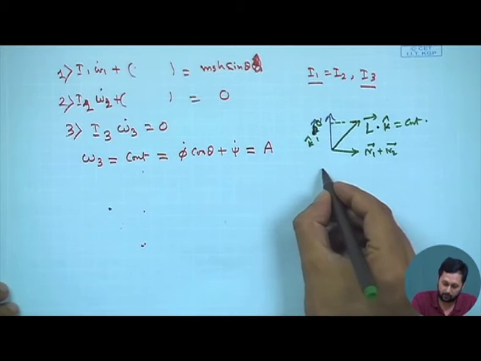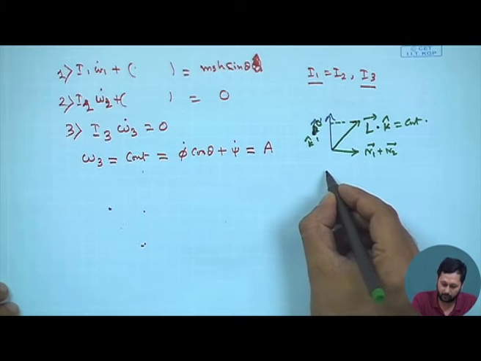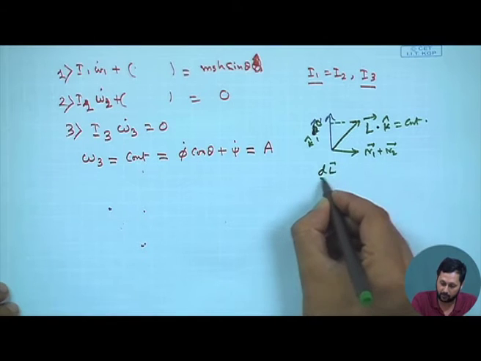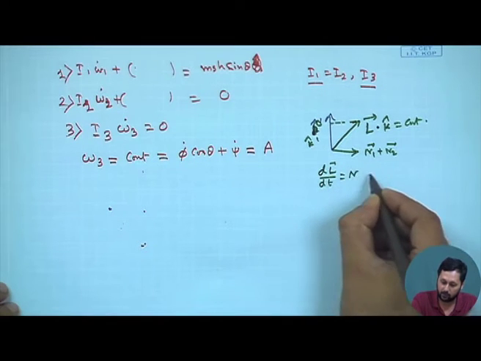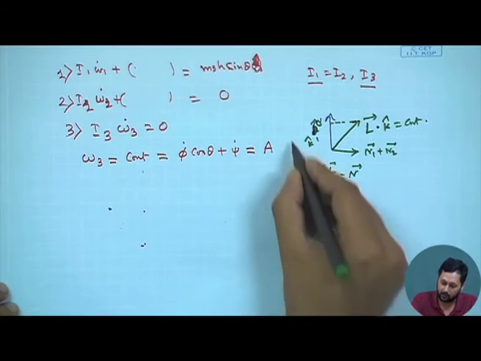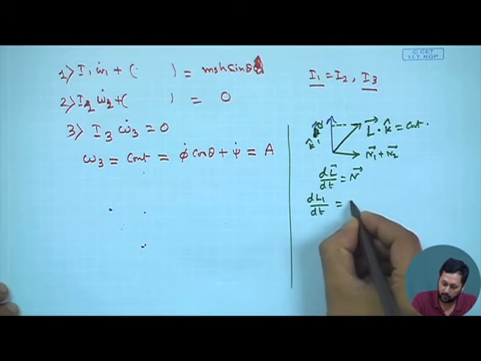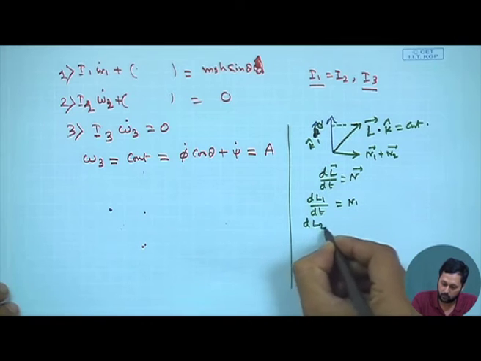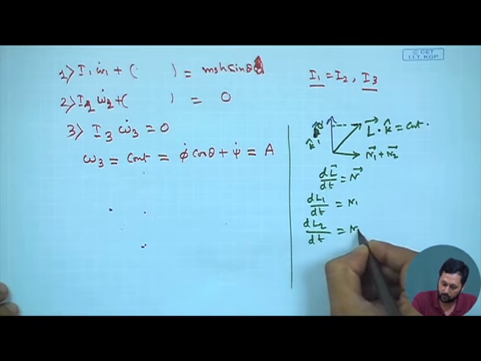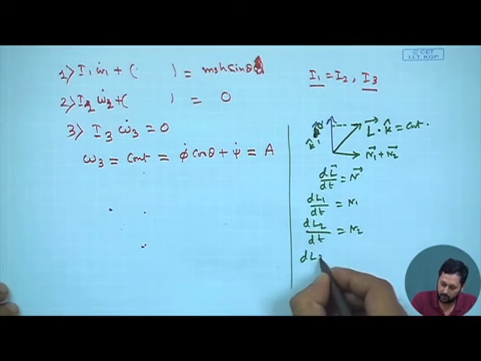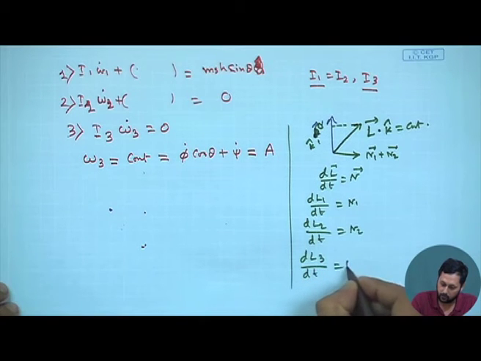From the space set of axes, our equation is simply dL/dt equal to N. I can decompose it into dL1/dt equal to N1, dL2/dt equal to N2, and dL3/dt equal to N3.